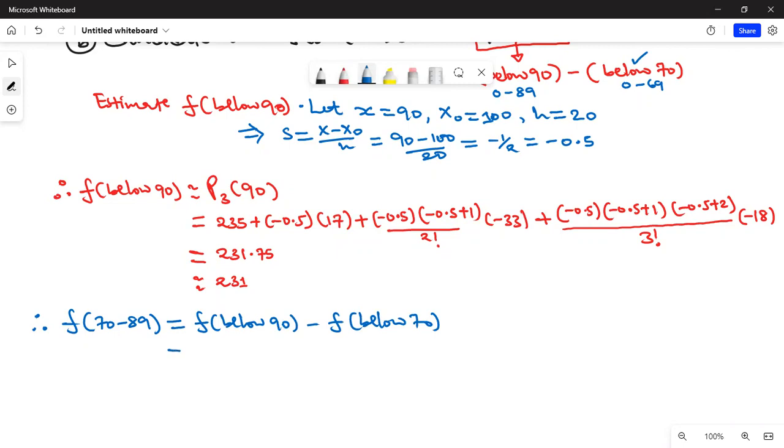And so below 90, we got it to be 231. Below 70 was 196. And so those are just 35 candidates.